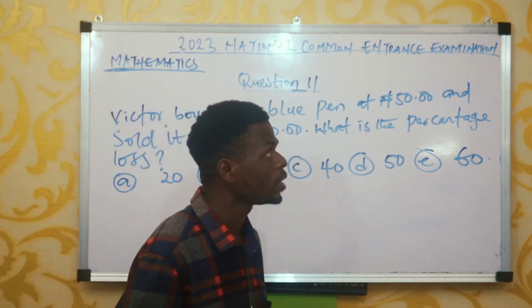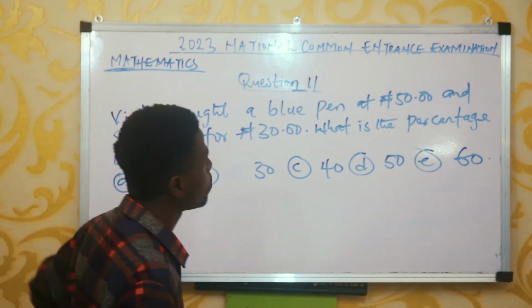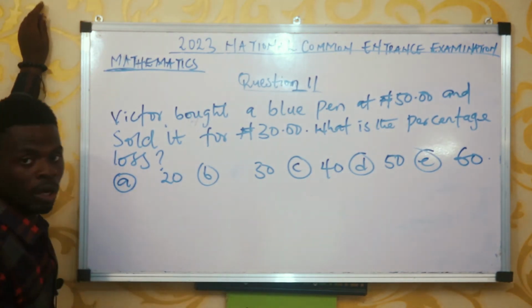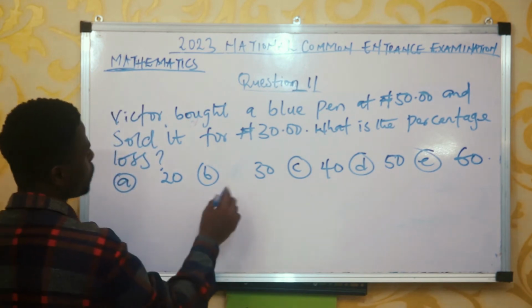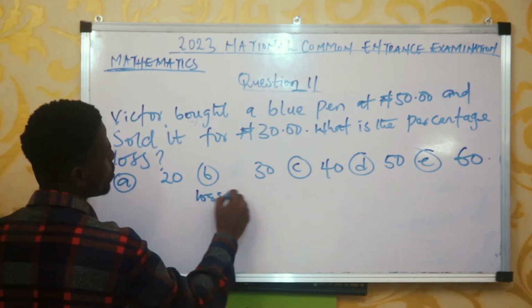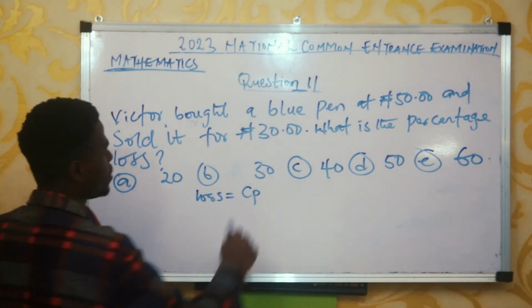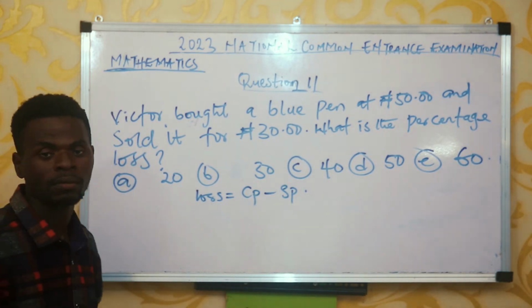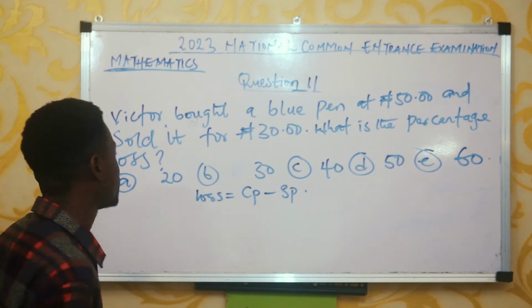Don't forget, in calculating your percentage loss or profit, loss means cost price minus selling price. Take note of that. But in this case, they ask, what is the percentage loss?